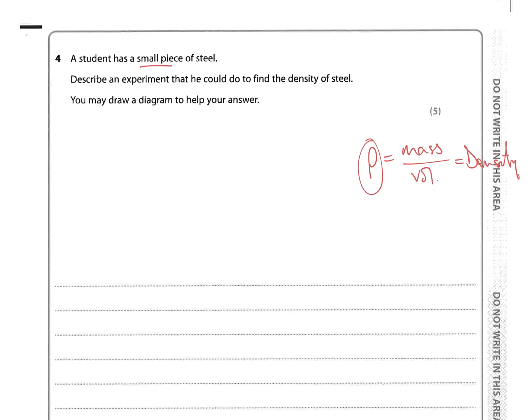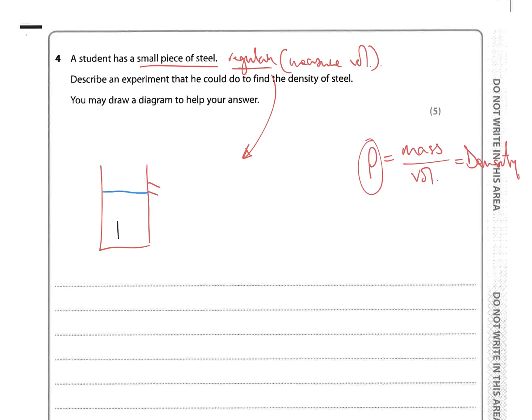So how do you work out the mass? How do you work out the volume? Well, it's a small piece of steel. It's likely to be regular in its size, so therefore you might measure the volume. And the mass is quite straightforward. However, if it's not regular in volume, then your best way of solving it is probably using a Eureka can, in which you have water that is filled to the point of this arm.